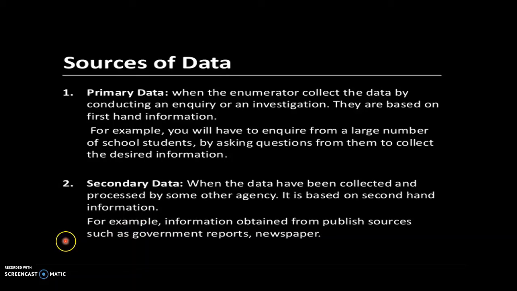So children, study well the difference between primary data and secondary data. The primary data are based on first-hand information. Then the secondary data is based on second-hand information. Let us conclude today's session. Study well the important terms of this chapter. Statistical data can be obtained from two sources.